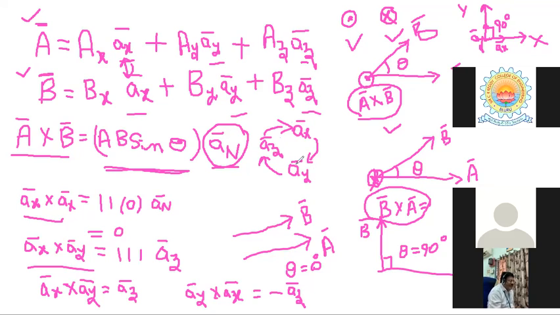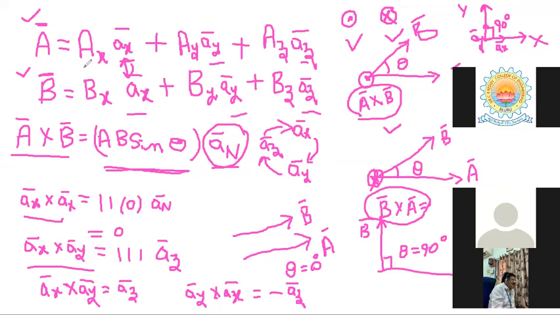If you go in anti-clockwise direction, ax bar cross az bar is equal to minus ay bar, az bar cross ay bar is equal to minus ax bar, ay bar cross ax bar is equal to minus az bar. This is the way to represent the cross product between these vectors.